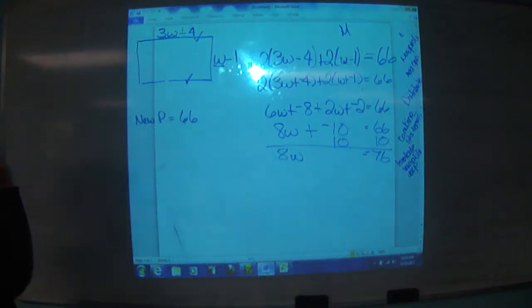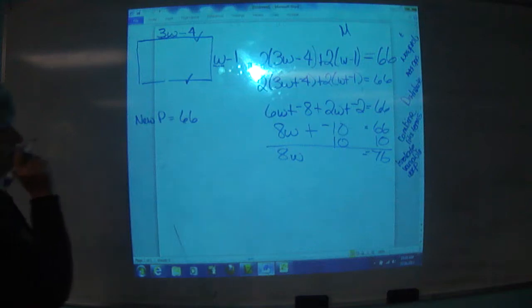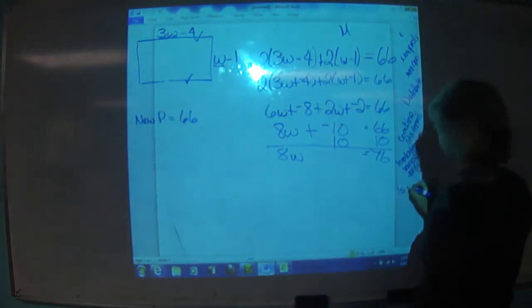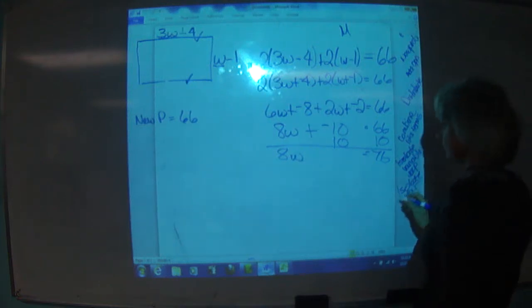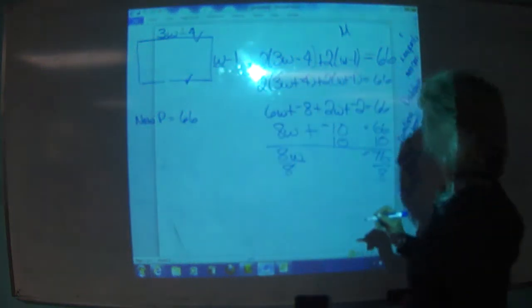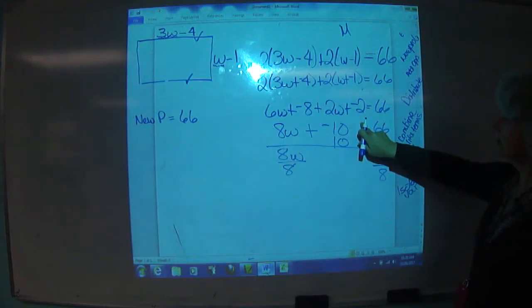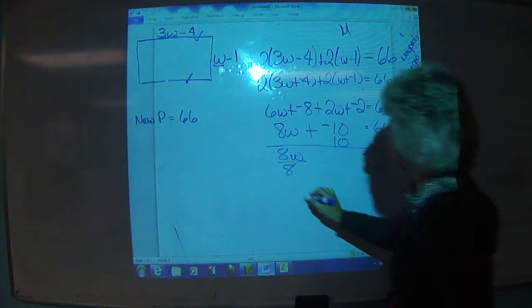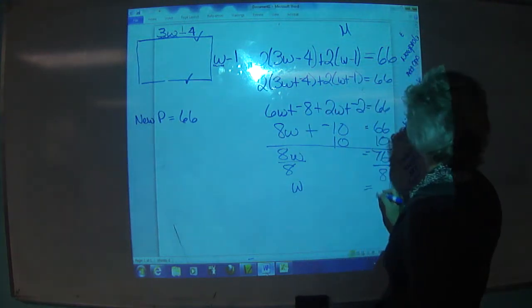It was 72 last period. And then we're going to isolate the variable. Divide both by 8. And I'm trying to figure out, because this was positive 2 last time. What's 76 divided by 8? But it isn't.